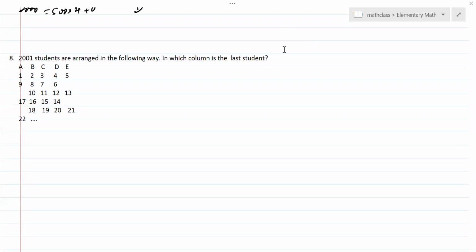So you have to find out. The rows show up periodically, right? Now take a look at this. First of all, the first row never shows up again.